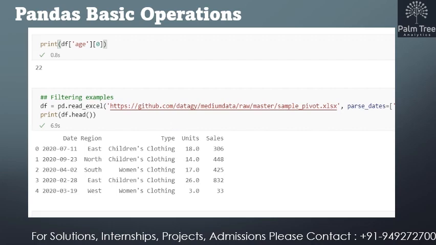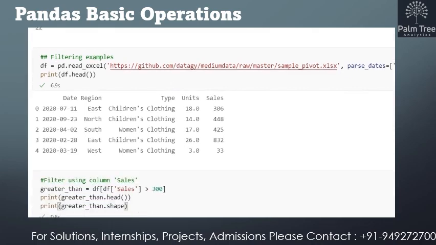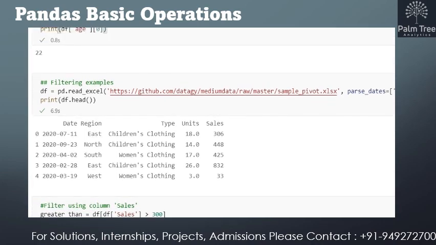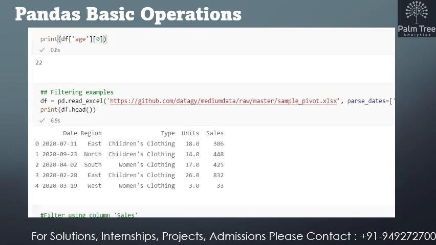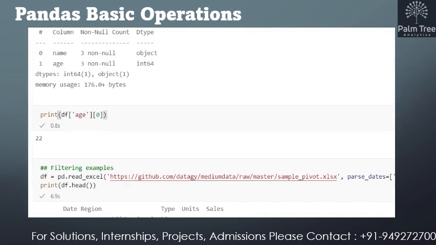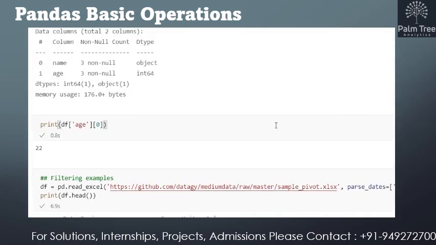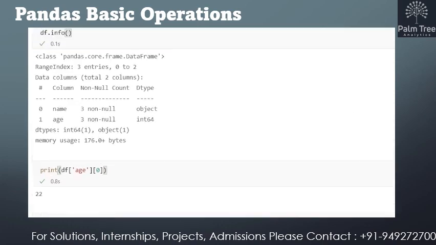Once we have this data in our data frame, we can do so many operations. We can find what is exactly present, like indexing: under the age column and zeroth index, the value 22 is present here.